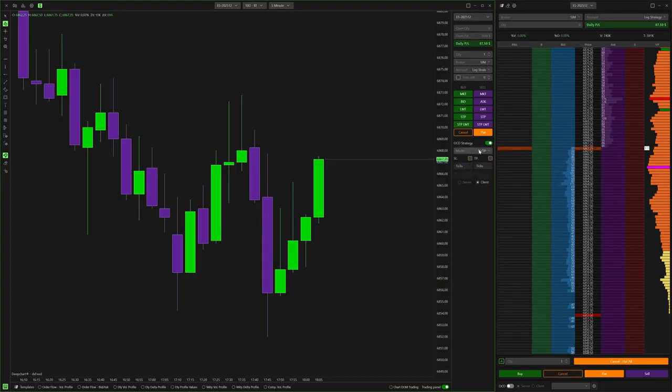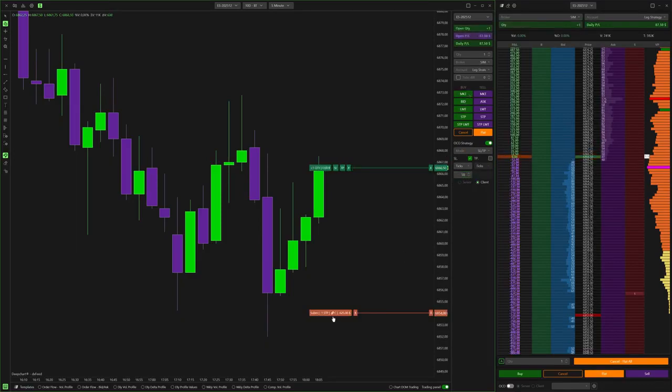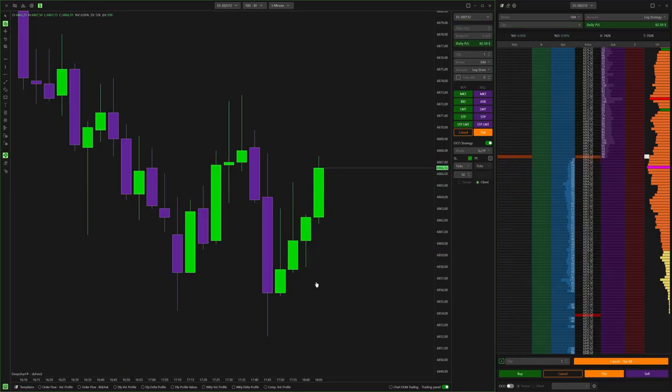So for example, if I place an OCO strategy with a stop loss, let's say, of 50 ticks, and I buy market, it's going to automatically, do you see this little symbol here? If I, for example, place a take profit here, or I close my trade, the stop loss will be automatically canceled.